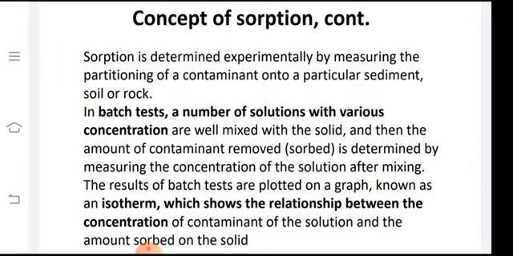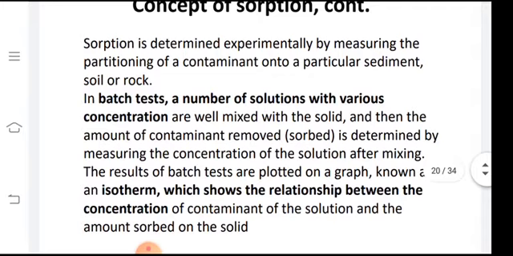In the batch test, we have a number of solutions, like the wetting solution, water, and the NAPL solution. So we have different behavior, and we can then check the chemical equilibrium.